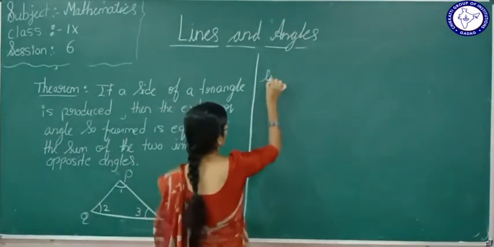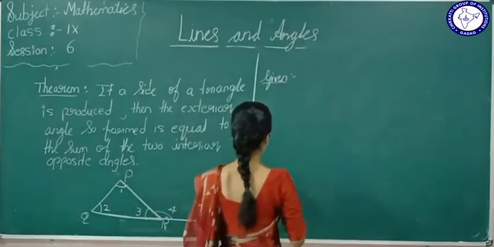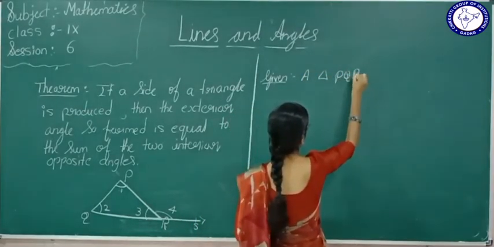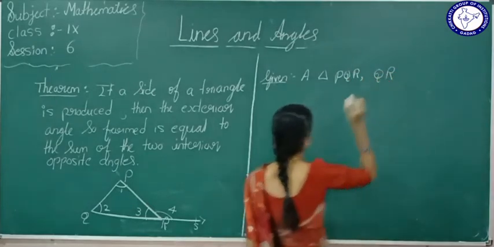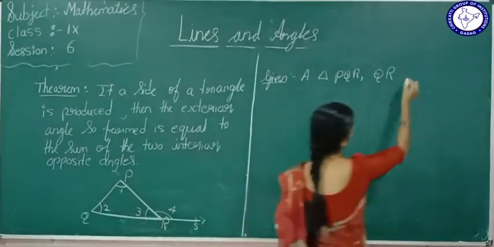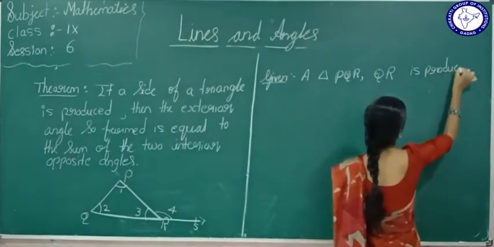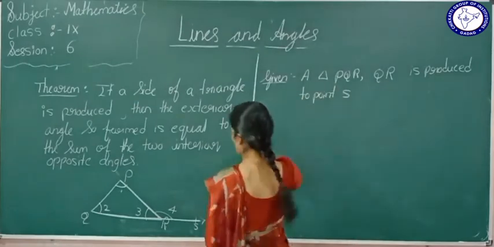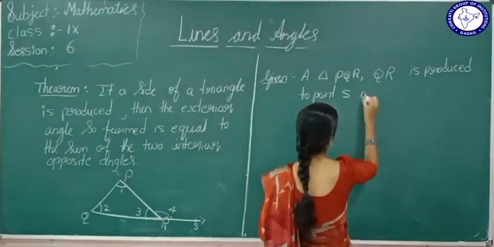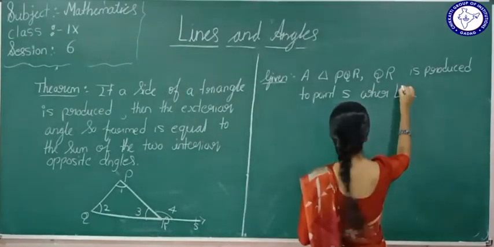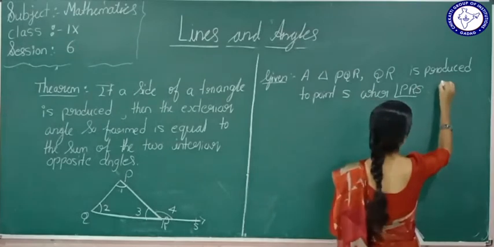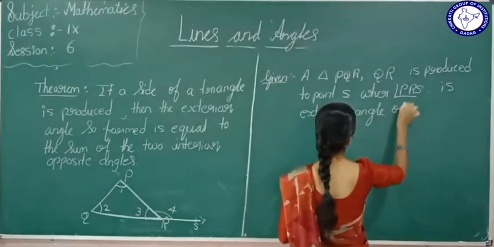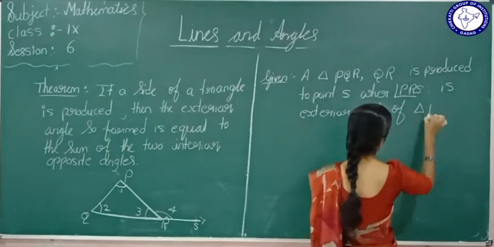So we will write here, given. What they have given? Given a triangle PQR, QR is produced to point S, where angle PRS is exterior angle of triangle PQR.